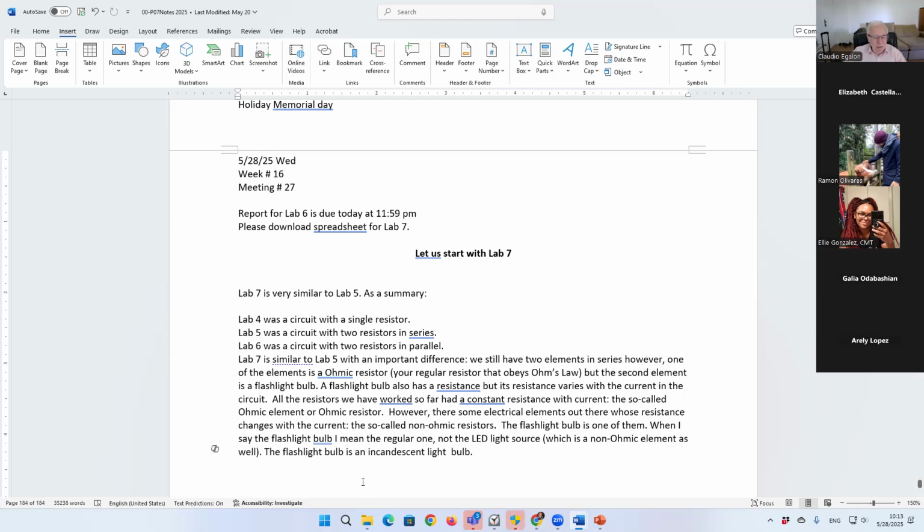So flashlight bulb, okay, incandescent light bulb. Remember, is a non-ohmic element. Again, let me repeat here. A non-ohmic element is an element whose resistance changes with the current. Okay.